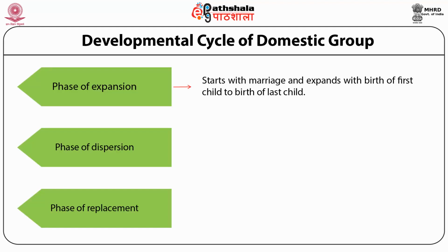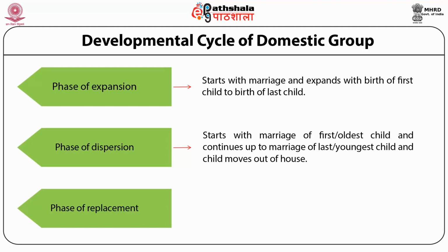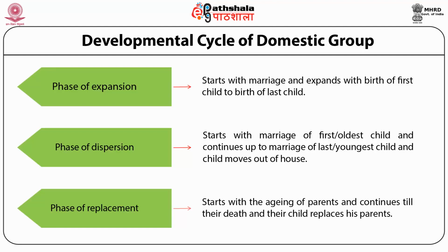Then comes the phase of dispersion. This continues up to the marriage of the youngest child, when the child moves out of the house. Then comes the phase of replacement. It starts with the aging of parents and continues till their death, and their child replaces his parents.